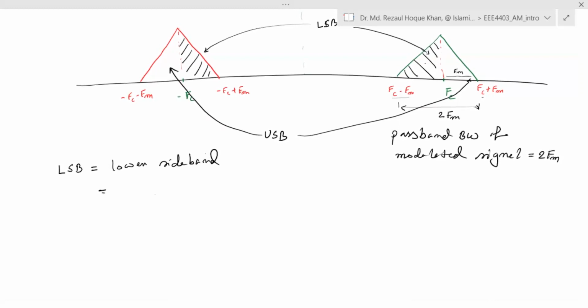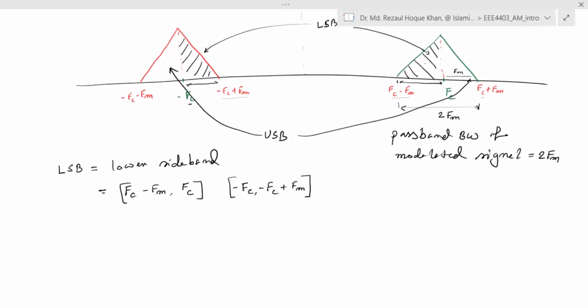from here to here, right? So from FC minus FM to FC, one portion here, and this portion also, from minus FC to minus FC plus FM, that portion actually.